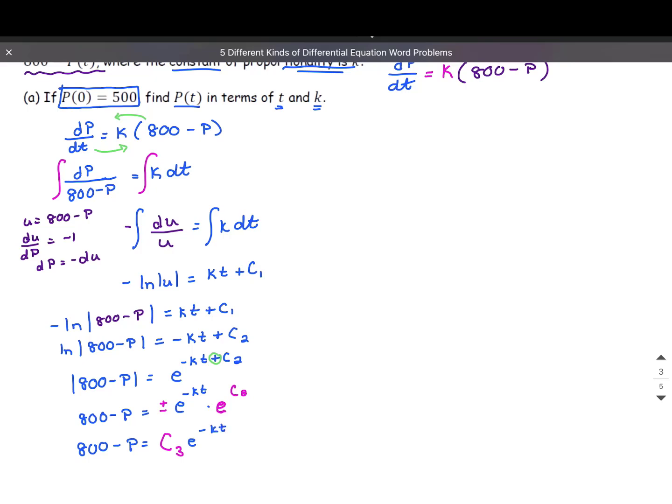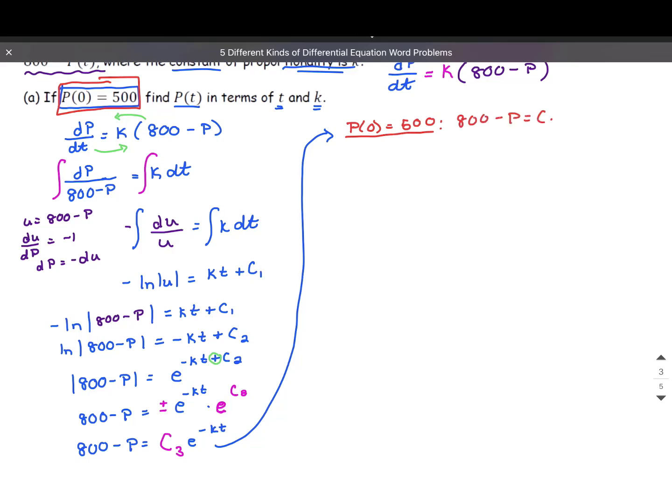Okay, so now we're going to take this back up here so we have space to work, and we're going to use this initial value that they told us. They told us that p of 0 is 500. So that means we can plug this in, because we have 800 minus p equals c sub 3 e to the negative kt.